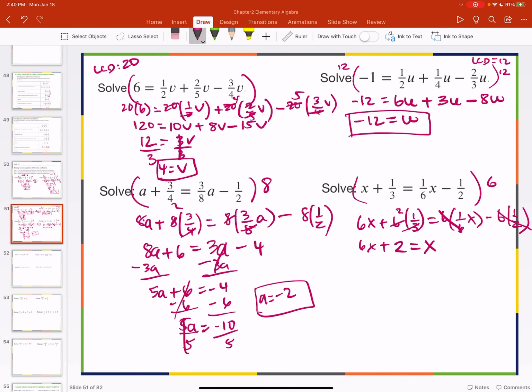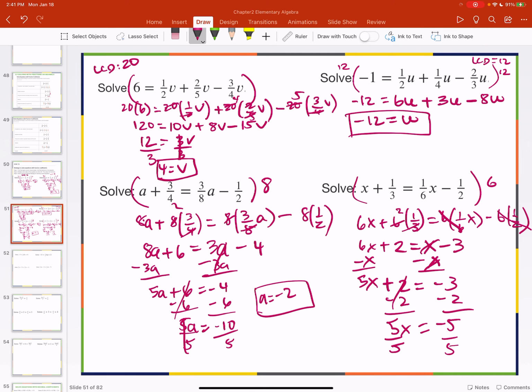And then 1/2 of 6 is 3. So then combining and simplifying by subtracting on the same side, moving it over, we get minus 2, minus 2. 5x is equal to negative 5. Divide by 5, and we get x is equal to negative 1.